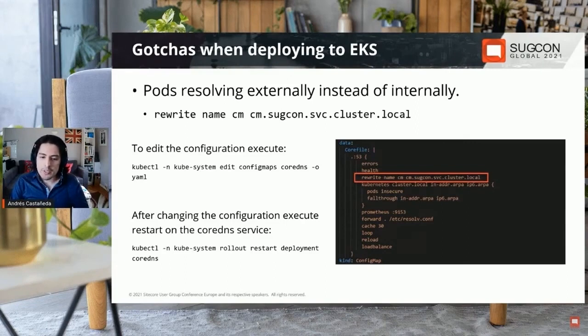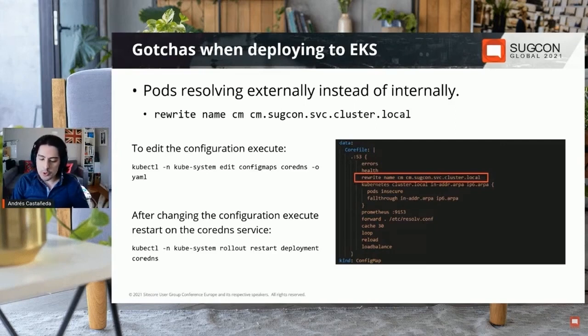to work around this was to edit the config map for the core DNS. The command you see on the left part, the first one, will by default open your Notepad editor. You will change the contents by creating the rewrite rule that you see on the image.